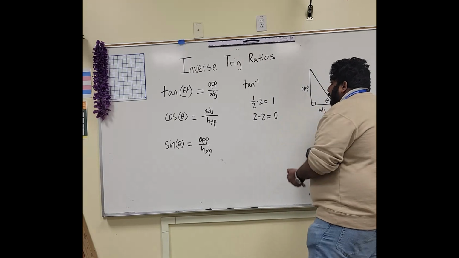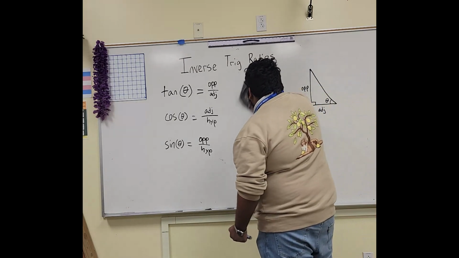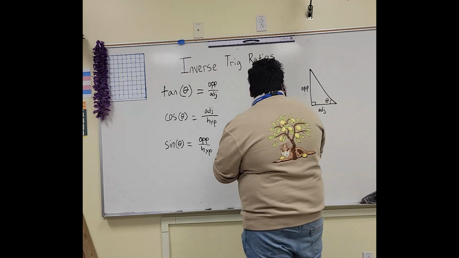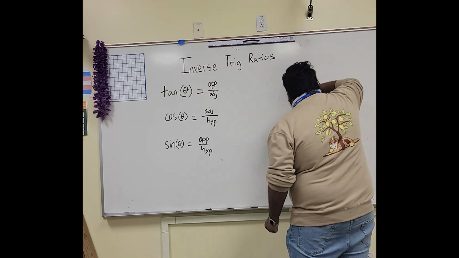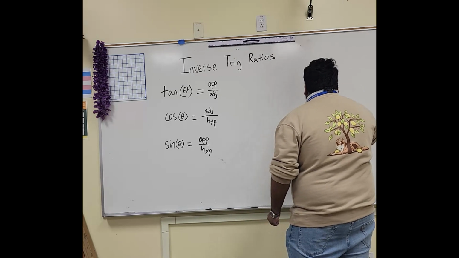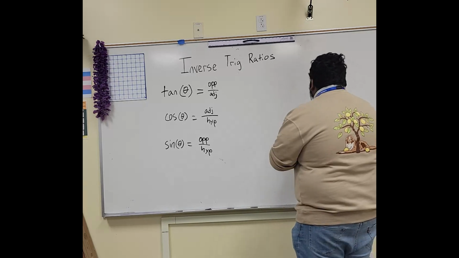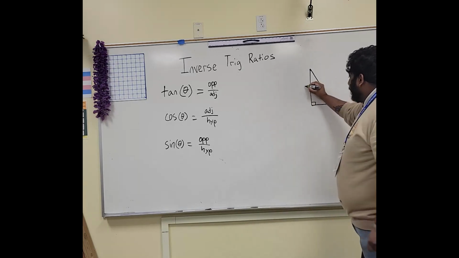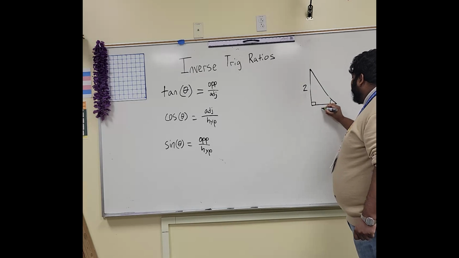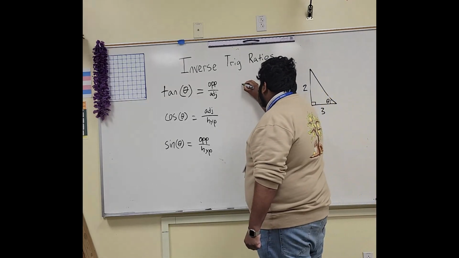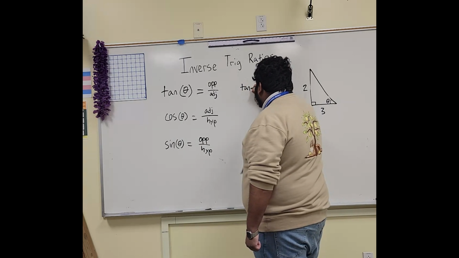So let me erase this and let's work with a quick problem. I'm going to erase these measurements and work with some real numbers. Say we're given that this is 2, this is 3, and we'll keep calling this theta as some unknown thing. When we set up our equation, it's going to look like this.